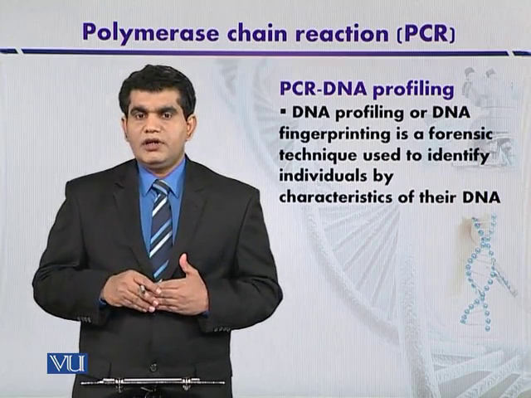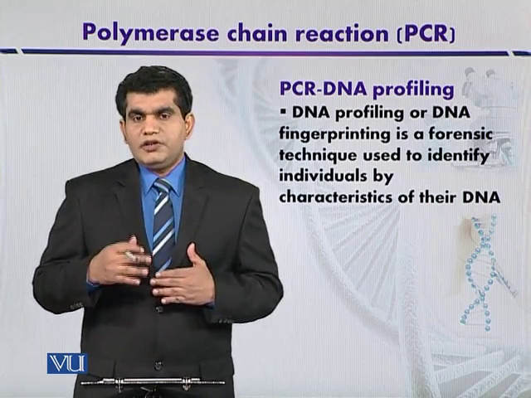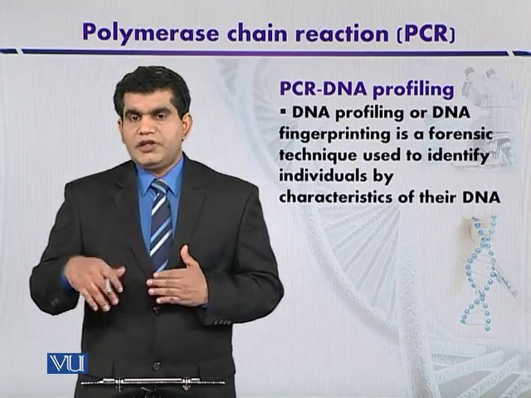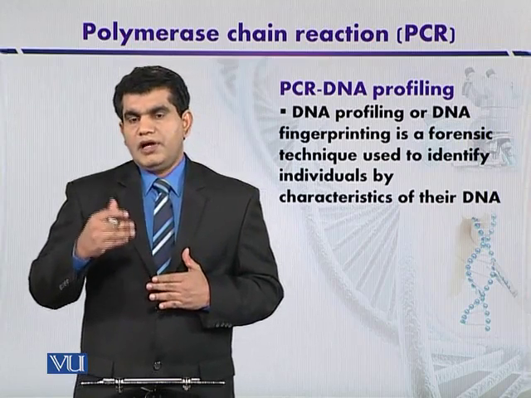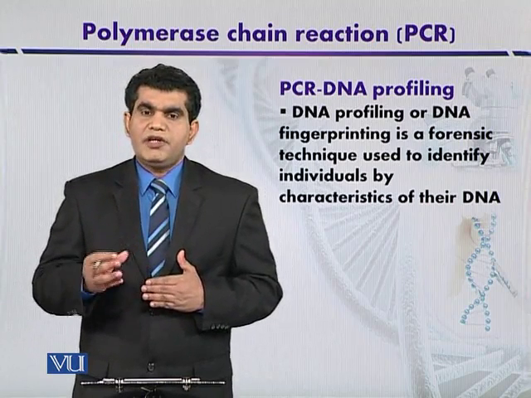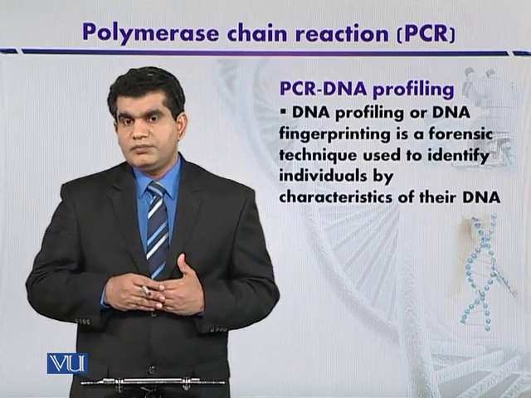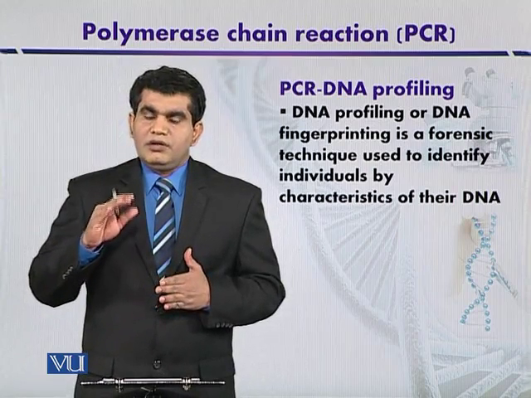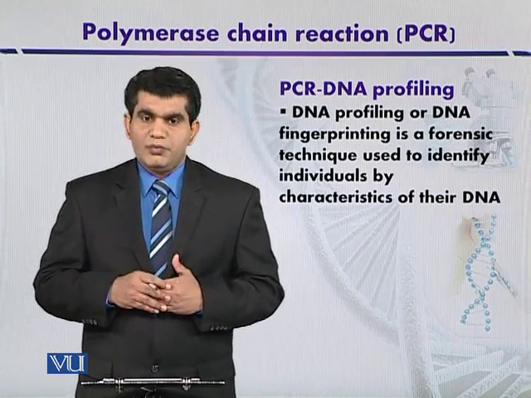DNA fingerprinting, I just explained to you, is where we can use restriction fragment length polymorphism and its modified form, AFLP. So we can extract the genomic DNA from the evidence, tissue or blood sample that we have collected, and then digest it with a restriction enzyme after the extraction of genomic DNA.